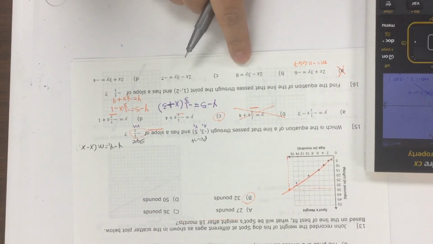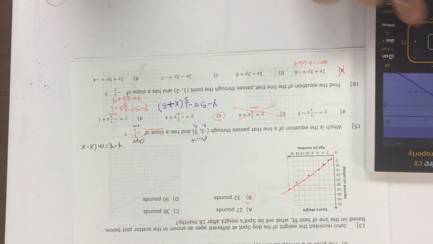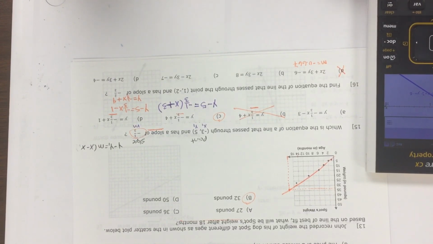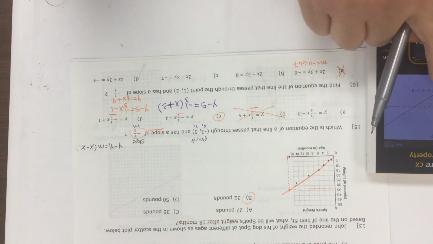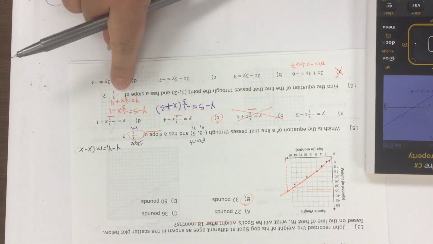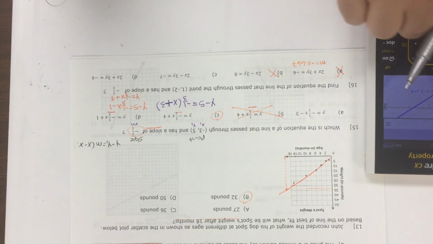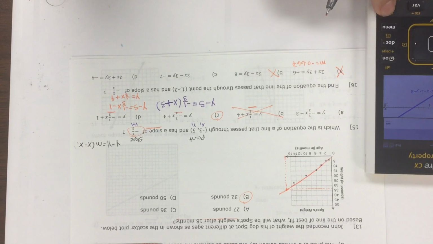Okay, and then you could, of course, go to the next answer choice. So here I see my slope is positive, it's going up, and it's not negative, so I don't need to do any more work there. I'll go to the next problem. This one's 2x minus 3y equals -7.